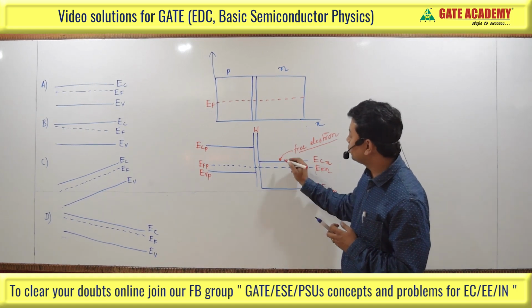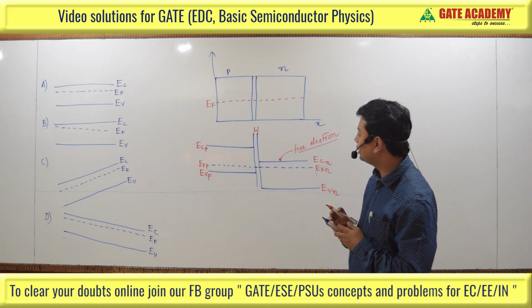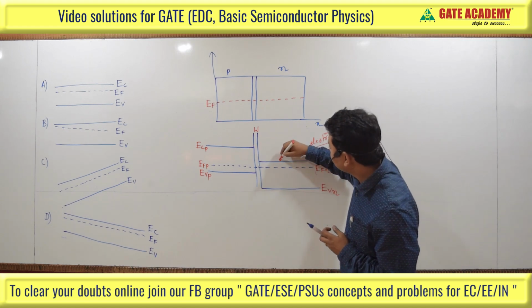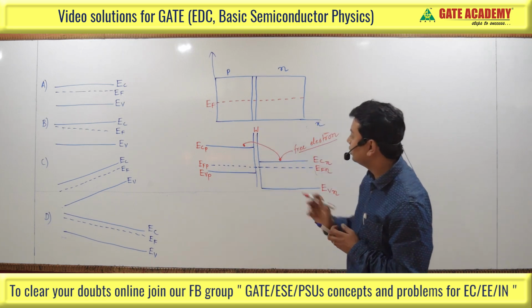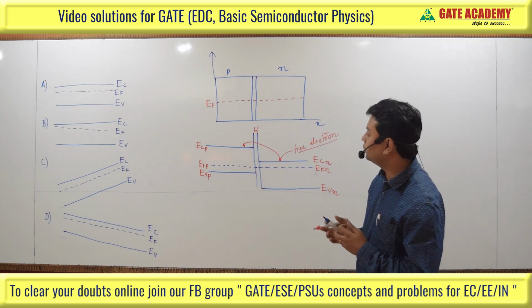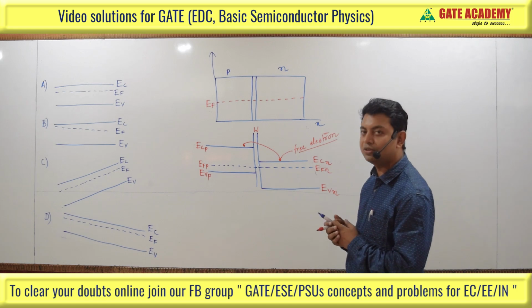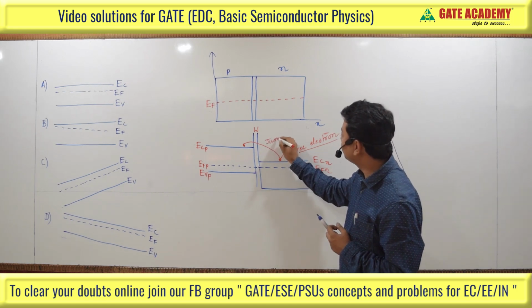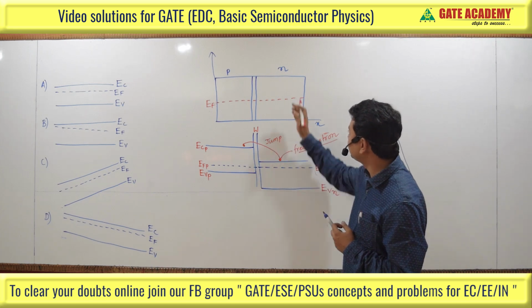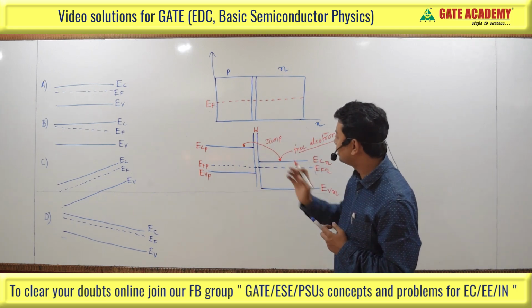So when this electron moves to the P side, it has to take a jump from this part to this part, and now this electron is again in the conduction band, since free electrons are always present in the conduction band. So this is the jump of the free electron from the N side to the P side.